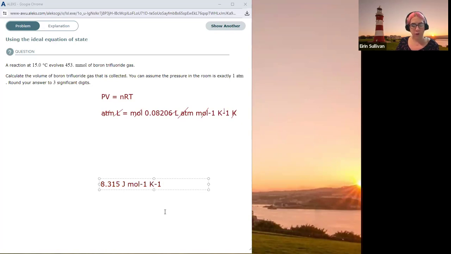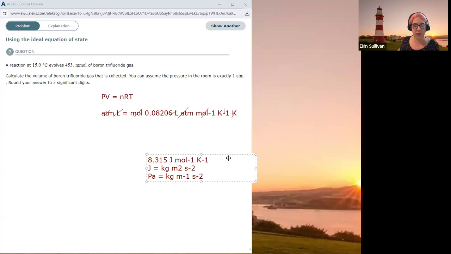The SI unit joule is kilogram meters squared per second squared, and a pascal is force over area, so newton per meter squared, so that'll be kilogram meters to the -1 per second squared.